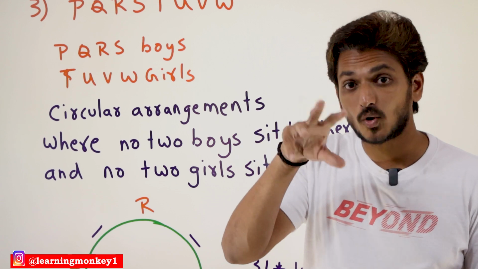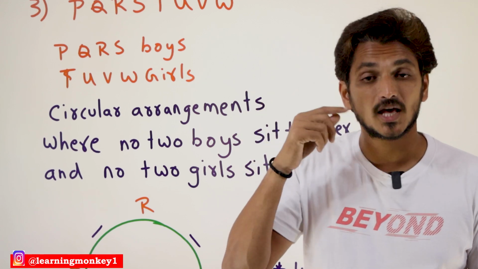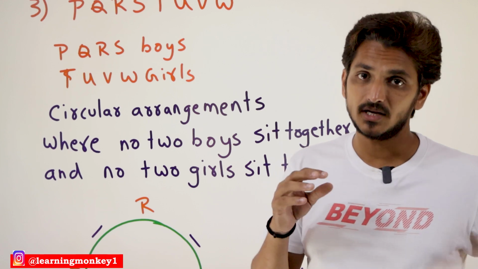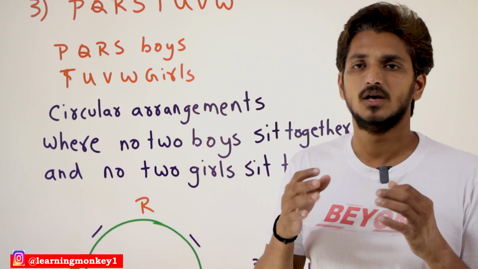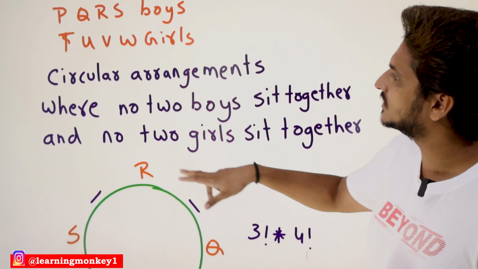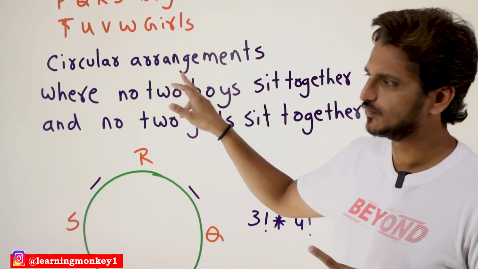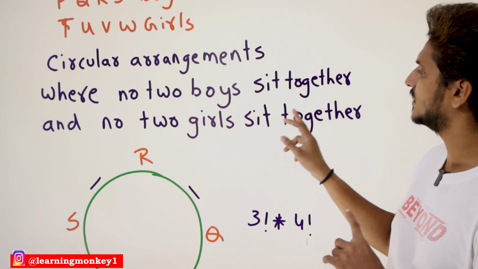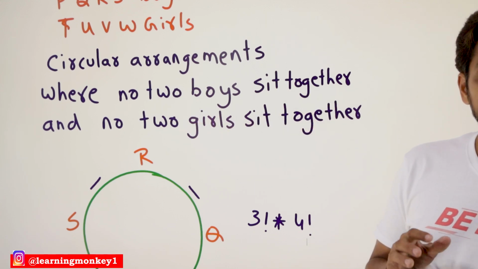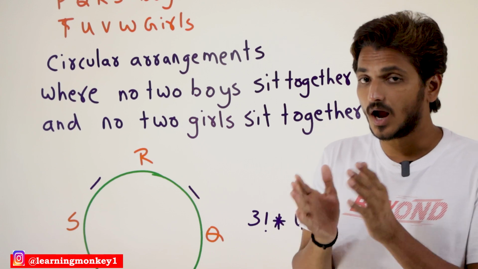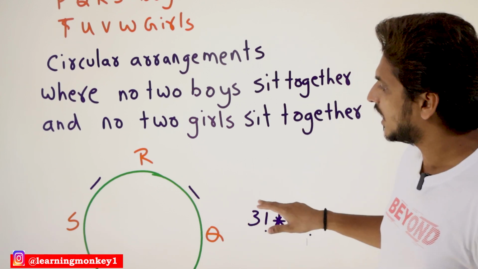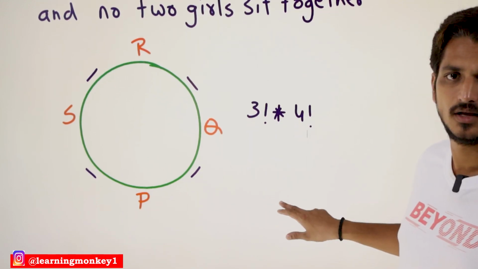This is the total possible circular arrangements, but the question is not that simple. They made it a little bit complex. So let's try to understand the question. You have to make circular arrangements where no 2 boys sit together and no 2 girls sit together. What does that mean? How should the arrangement be?